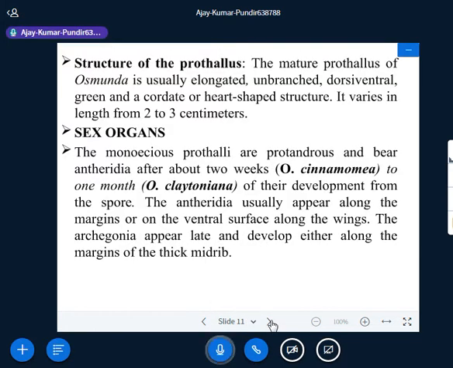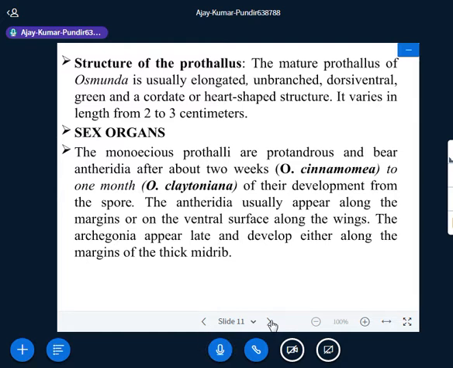The first prothallial cell produces the mature prothallus of Osmunda. What is a prothallus? I have discussed it many times in the last lecture. The prothallus is a very important organ during the life cycle of any fern.